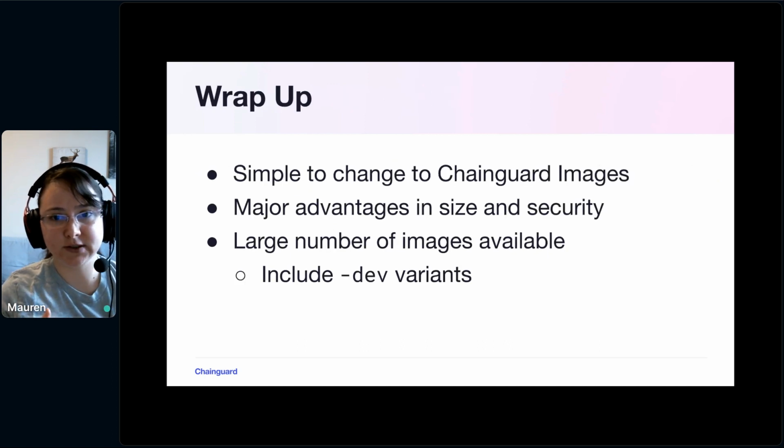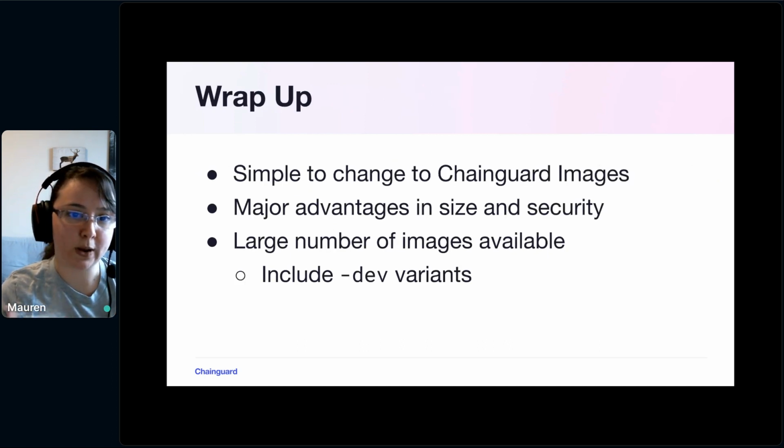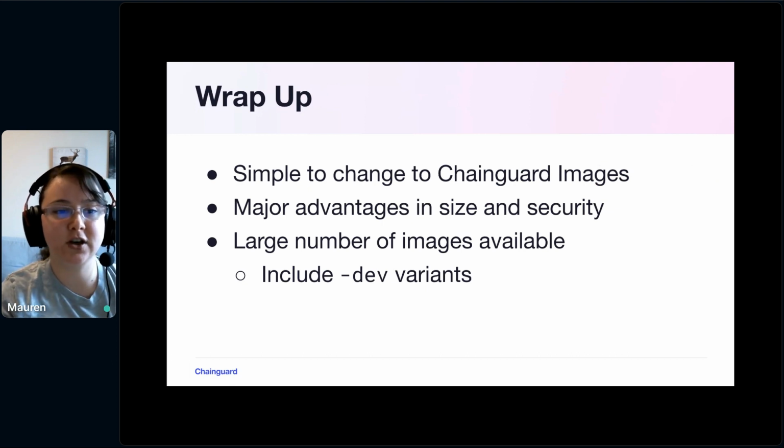So this is all the content I had for today. Just to wrap up and recap, it's quite simple to change your container files, your Dockerfiles, to use Chainguard images. There are advantages in size and security, specifically when we talk about CVEs. There is a large number of images available, including dev variants for you to debug.